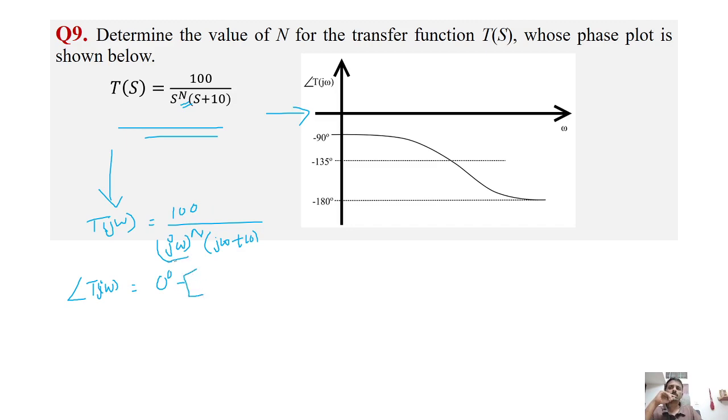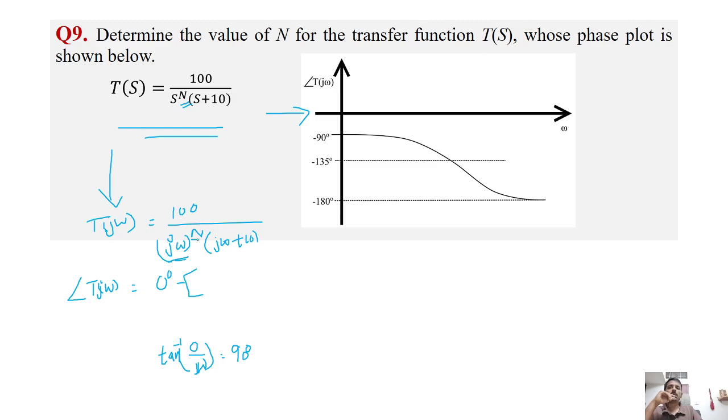What is the first term's angle? There are n terms of j omega. What is the angle of j omega? Real term is 0, so the angle will be 90.